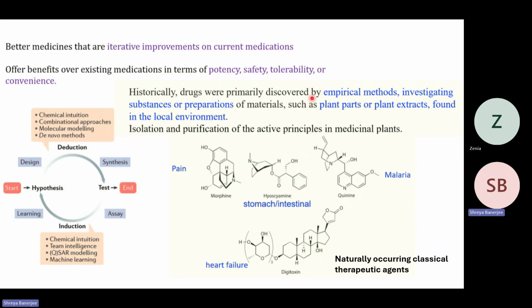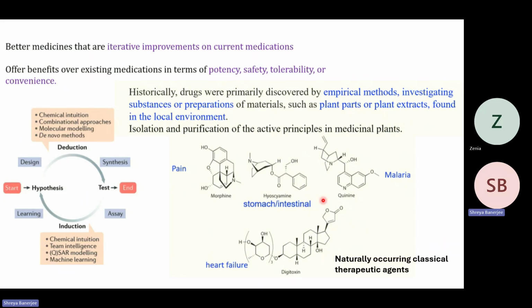Historically, drugs were primarily discovered by empirical methods, investigating substances or preparations of materials such as plant parts or plant extracts found in the local environment, and then isolation and purification of the active principle in medicinal plants. This was the conventional way of drug discovery.